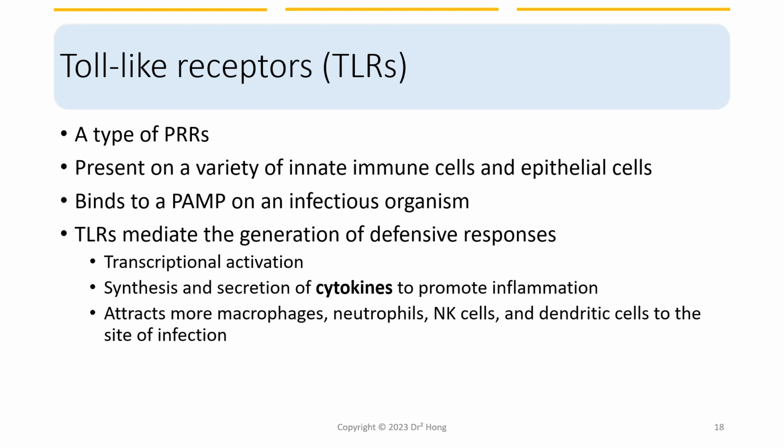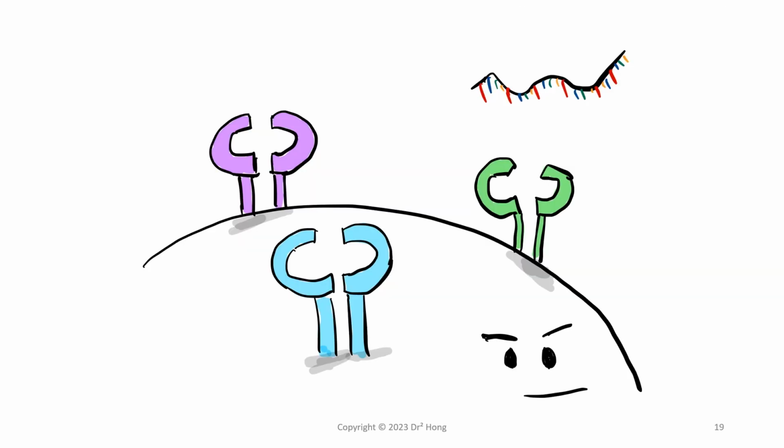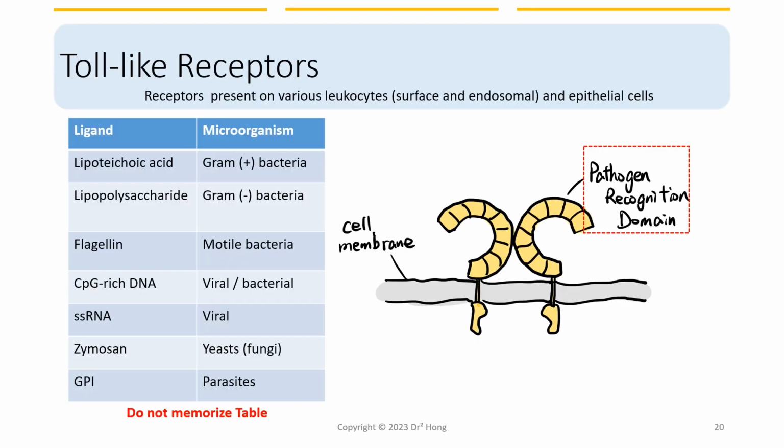Here is just a fun cartoon to show you toll-like receptors that are located on the surface of a cell, which can sense the presence of foreign material. Here would be a piece of perhaps viral RNA or viral DNA. Now, in a biochemical sense, these toll-like receptors do contain two domains.